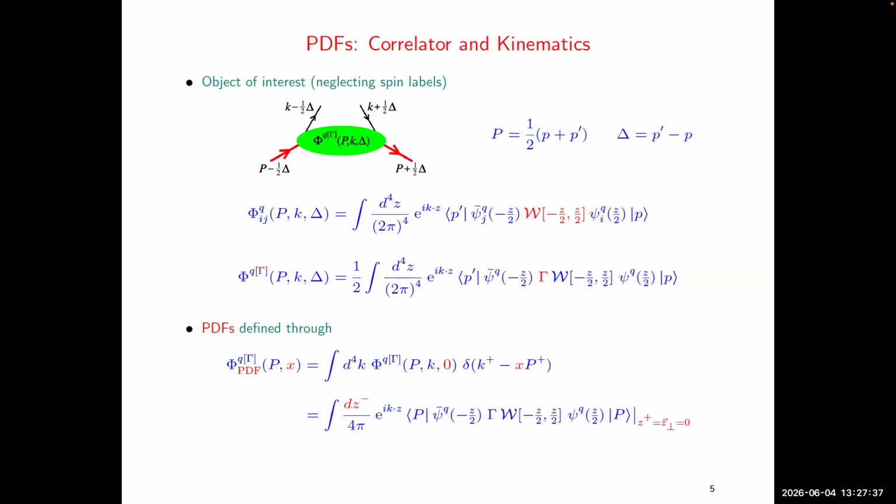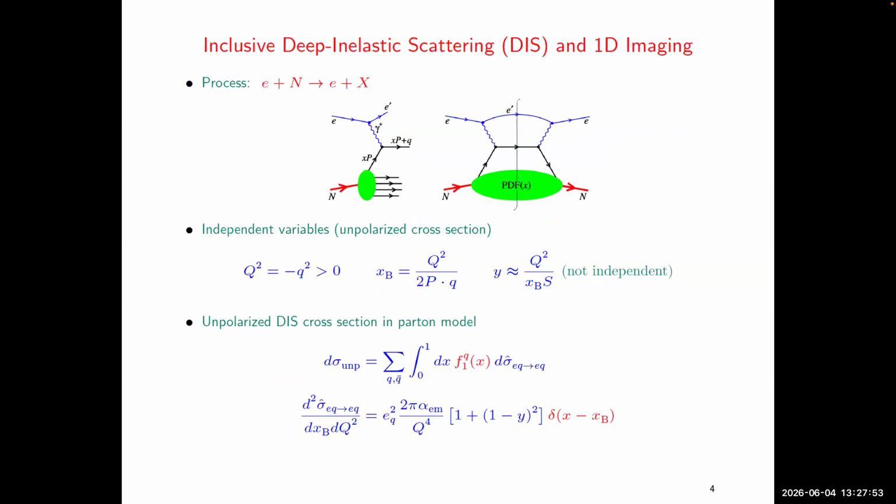And now in the next step, I become specific and say, what do we do in order to get PDFs? In particular, for PDFs, the momentum transfer is 0. And you can easily see that here because in the PDF case, we have the square of that diagram, meaning that the momentum of this line and that line is just the same.